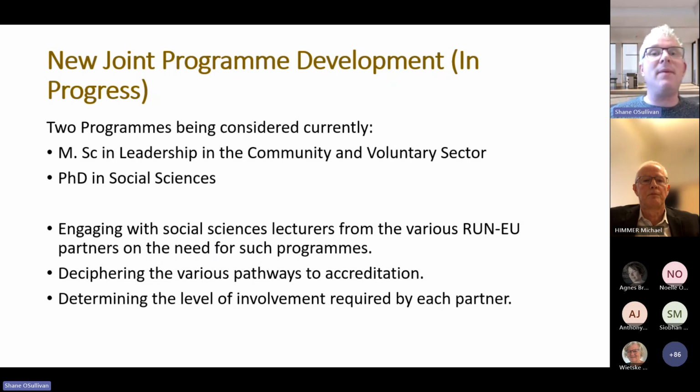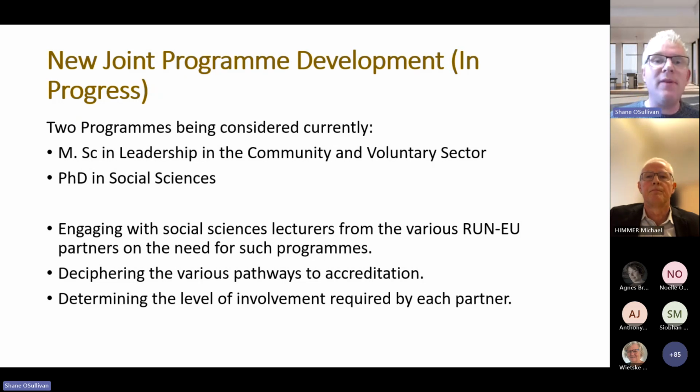We are hoping this may be the opportunity for RunEU partners and ourselves to come together to see whether we can develop a joint program in this area, and for students to pursue so many credits through taught classes, with the remainder being the research dissertation.